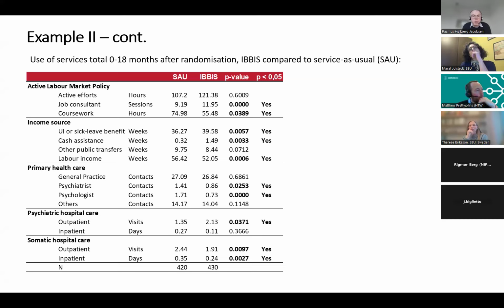And what we did is we estimated all these potential outcomes, and then we multiplied them with unit costs to get a monetized value for the outcomes. And you can see that on the next slide.